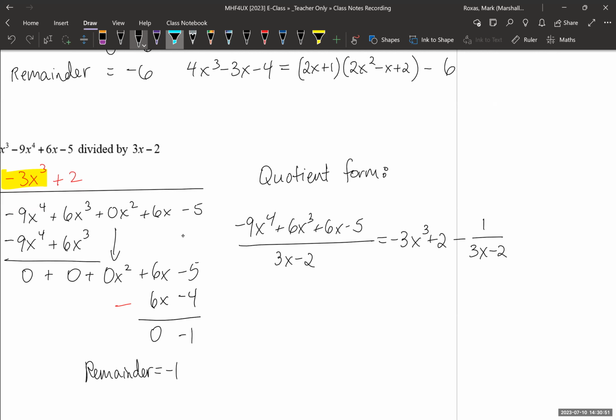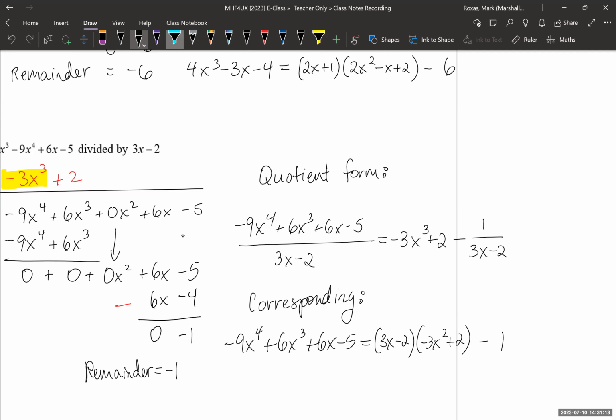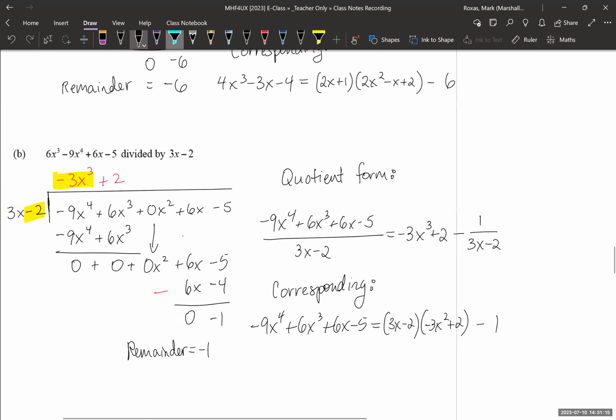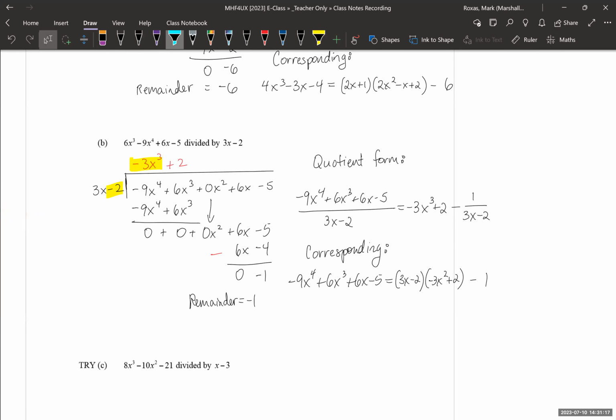And then in corresponding form, we have 9x^4 plus 6x cubed plus 6x minus 5 equal to the divisor 3x minus 2 times minus 3x squared plus 2, minus the remainder of 1.